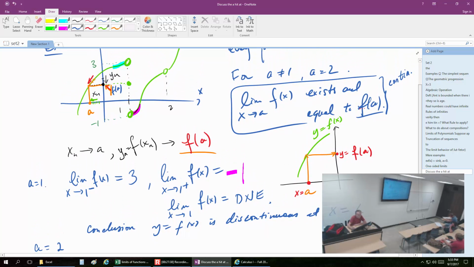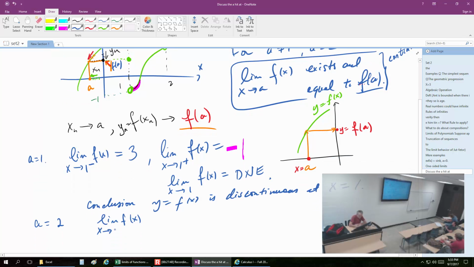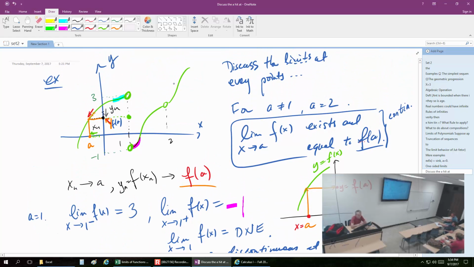Okay, so look carefully at the picture, and once again we're looking at the limit from the left and from the right. Okay, so this is the point. What are the limits from the left and from the right at 2?